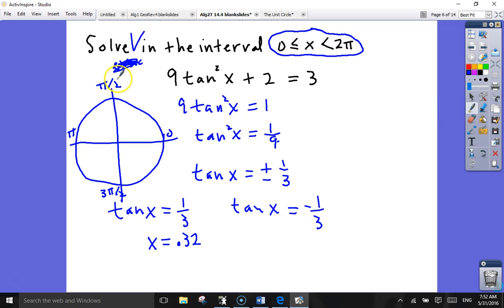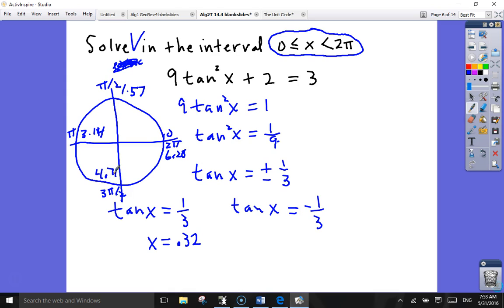So, what is the value of pi? 3.14, right? And pi over 2 would be half of that, 1.57. And halfway in 2 pi is 6.28. And 3 pi over 2 would be halfway between pi and 2 pi, which is 4.71, I believe.